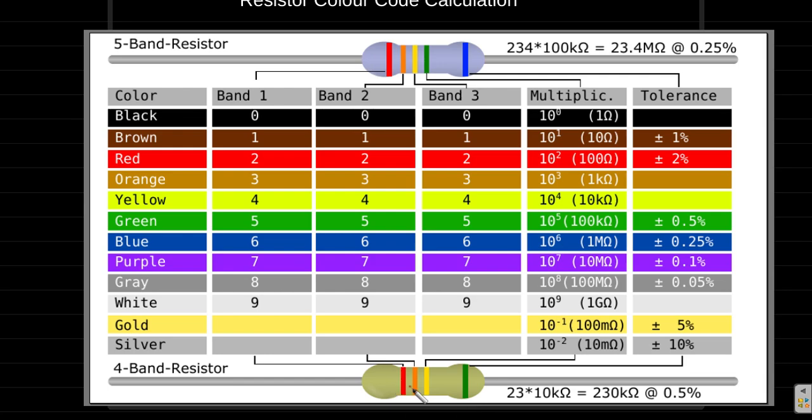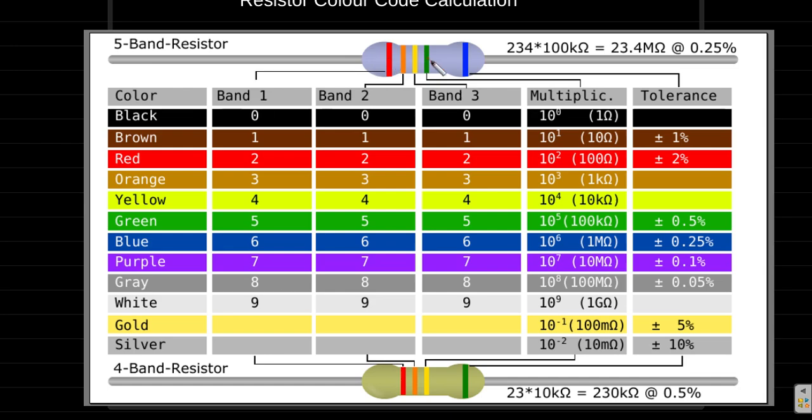If you read from left to right, you would read first the group of colors that are close together. The first and second color will be the first and second digit. Then the third color is the multiplier, and the tolerance is to its right.